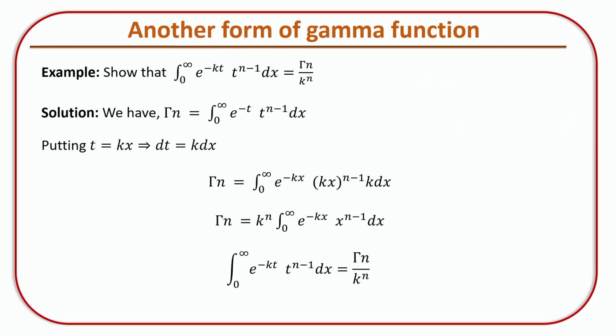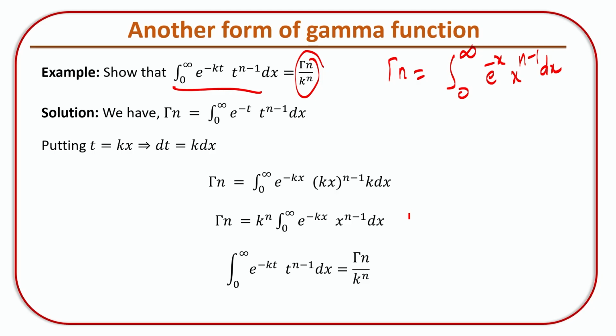Similarly, this is another form of a gamma function, so that the integral from 0 to infinity of e^(-kt) t^(n-1) dt is equal to gamma n divided by k to the power n, right? So here gamma n has been defined as the integral from 0 to infinity of e^(-x) x^(n-1) dx, right?